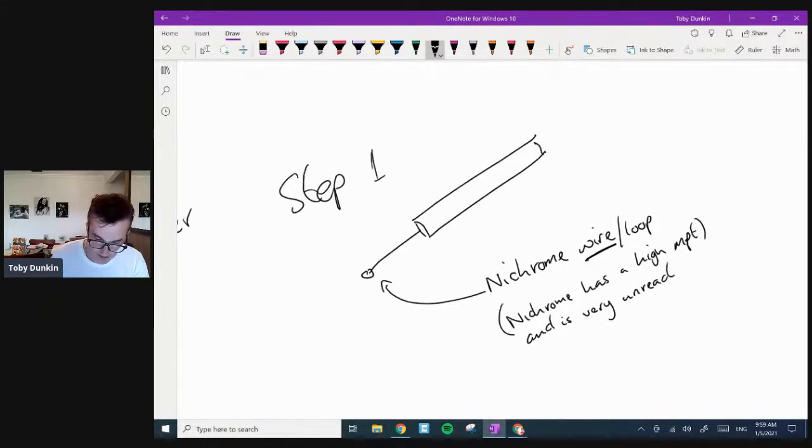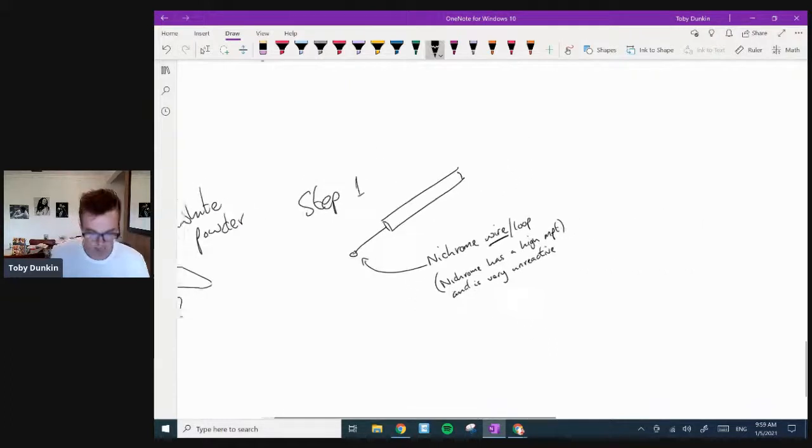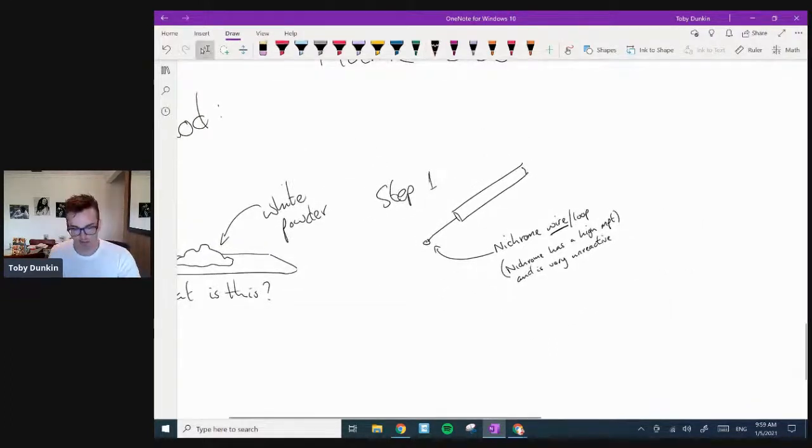We don't want to put a reactive metal in the mix, because it would change the substance we've got on the table. So we need a really high melting point so we can stick it in a flame, and we need it to be unreactive so it has no impact on the solid we're testing. Seems reasonable, right?